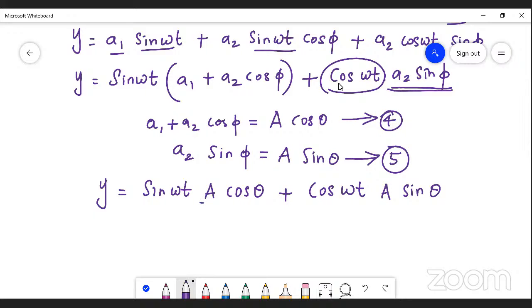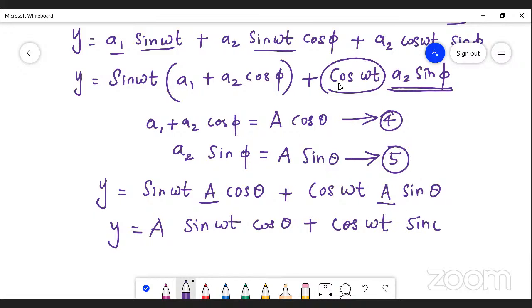The common factor is A, the resultant amplitude of the two waves combined at point P. So y is equal to A of sin omega t cos theta plus cos omega t sin theta.